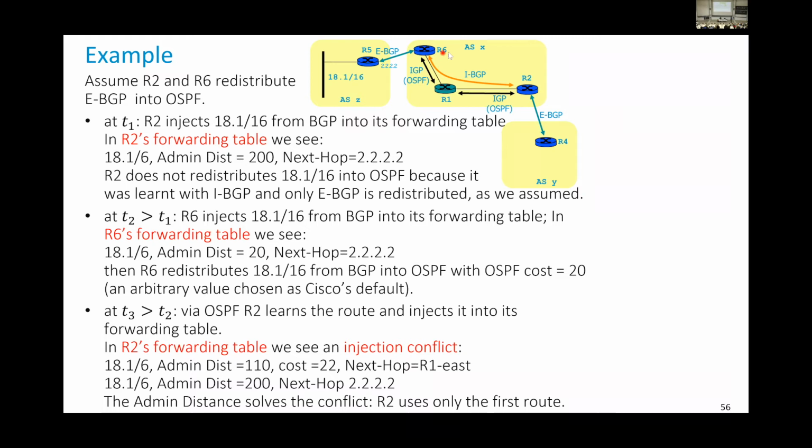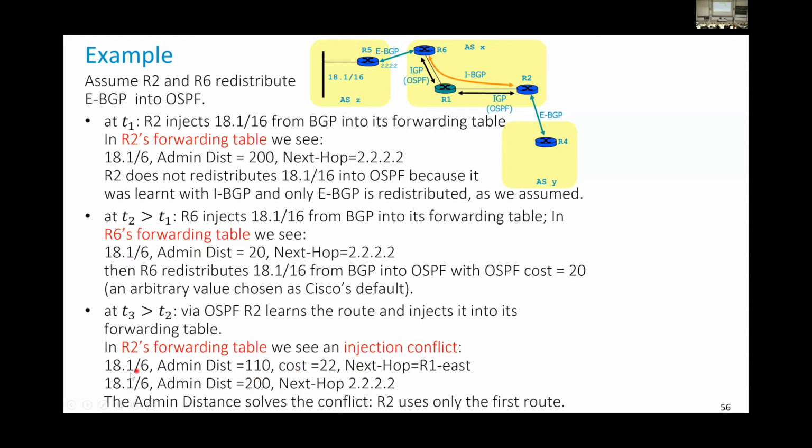So here R6 says, I know how to go to 18.1. It is on this interface. And the distance for me is 20. That's a standard default for Ebgp injection into the routing table. Therefore, R2 by OSPF will compute a distance of 22. That's an OSPF distance here.